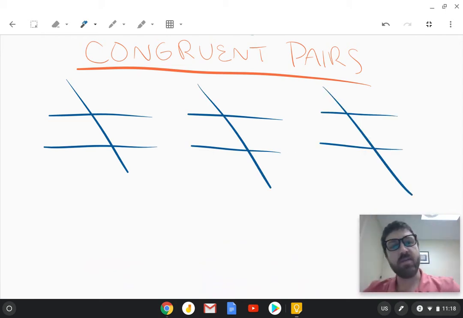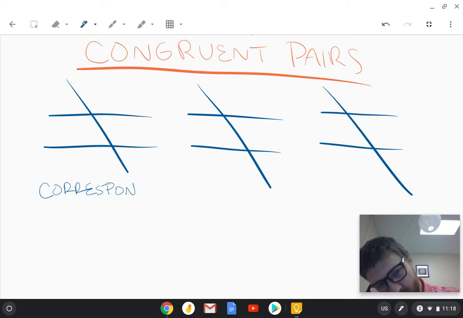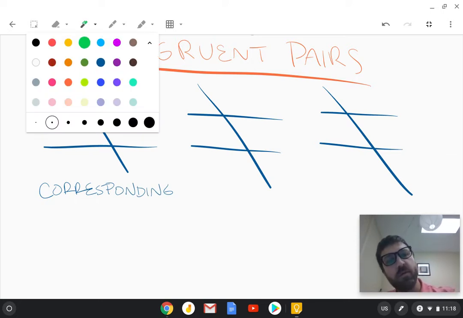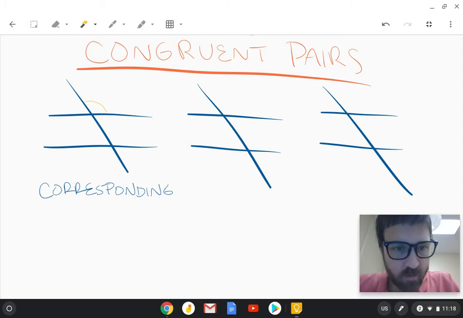So when we have these, 3 of them are going to be congruent pairs. The first congruent pair are corresponding. Corresponding angles, when these 2 lines are parallel, the corresponding angle pairs are congruent to each other.